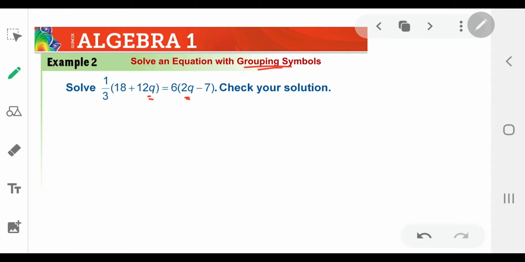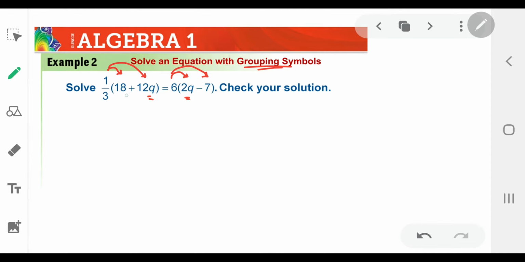We reviewed the distributive property, multiplying one term by a sum or a difference between brackets. So now I'm going to use this property to multiply the 1/3 by each number between the brackets. And again, I'm doing the same thing here with the 6. It will be multiplied by both terms between the brackets.